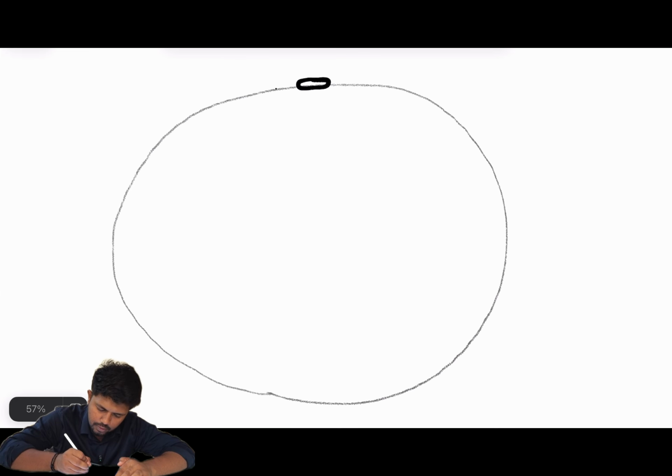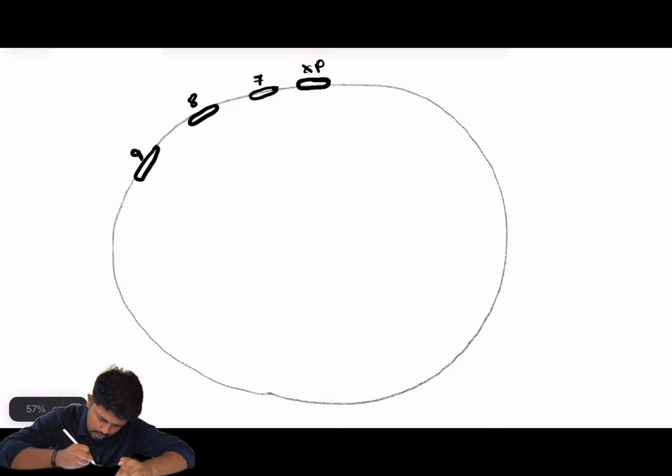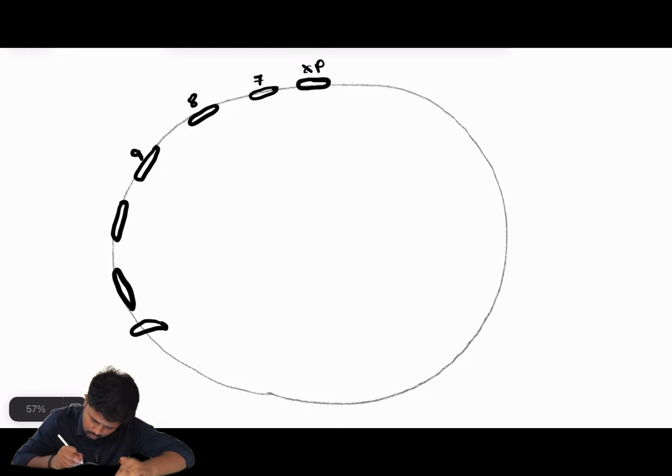Xiphoid process, seventh rib, eighth rib, ninth rib, 10th rib, 11th rib, 12th rib.